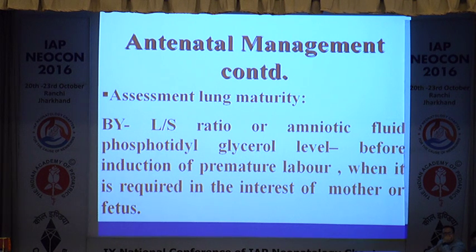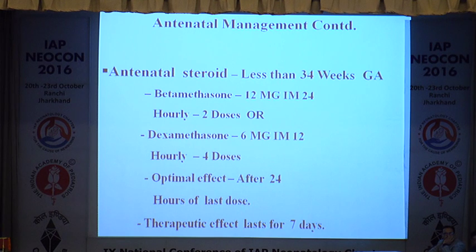Then sometimes we need to assess lung maturity. Most of the time in resource limited places, we don't do it by L/S ratio or by amniotic fluid phosphatidylglycerol level estimation. But the very important thing is the role of antenatal steroid.